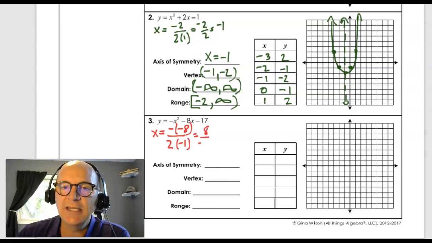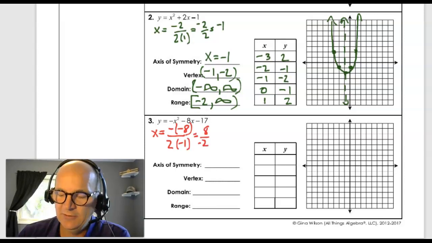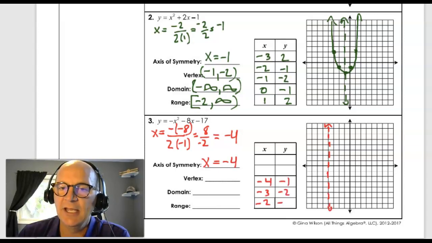And so when we take the opposite of a negative number, we actually get a positive number. So that gives us 8 over -2, which is going to give us 4. So that's the axis of symmetry, and we can draw that axis of symmetry on the graph. And then if you plug that in, you'll get -1.